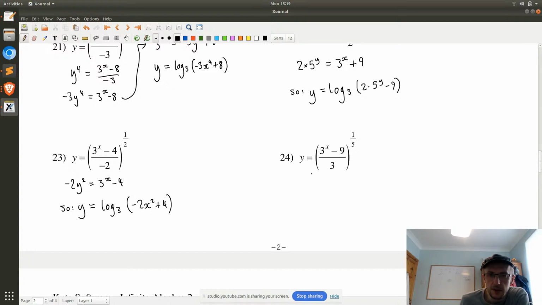Both sides to the power of 5, both sides times 3. Add 9 to both sides, log base 3 of both sides, and swap the variables.